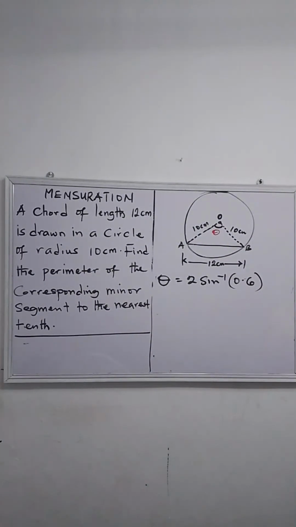You press shift, sine of 0.6. So what do you have as your answer? Okay, I can see an answer from Nabila: 36.86. Okay, Riscott: 36.869. Okay, yes.